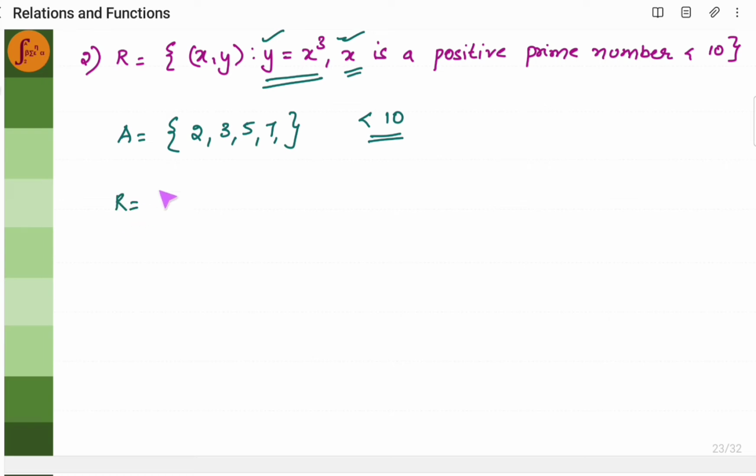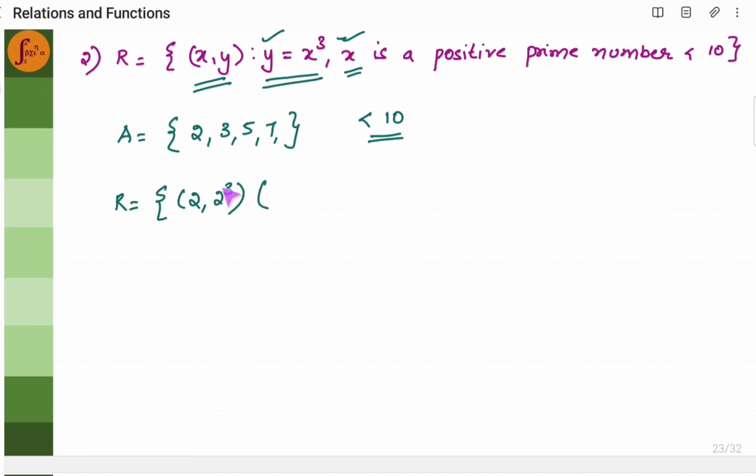What is R? We'll have to derive R. R is equal to the set of ordered pairs (X, Y), where X is a positive prime number and Y is equal to X cube. We pick X, and then Y will be X cube. So if I take X as 2, the second element should be Y, which is X cube, 2 cube.